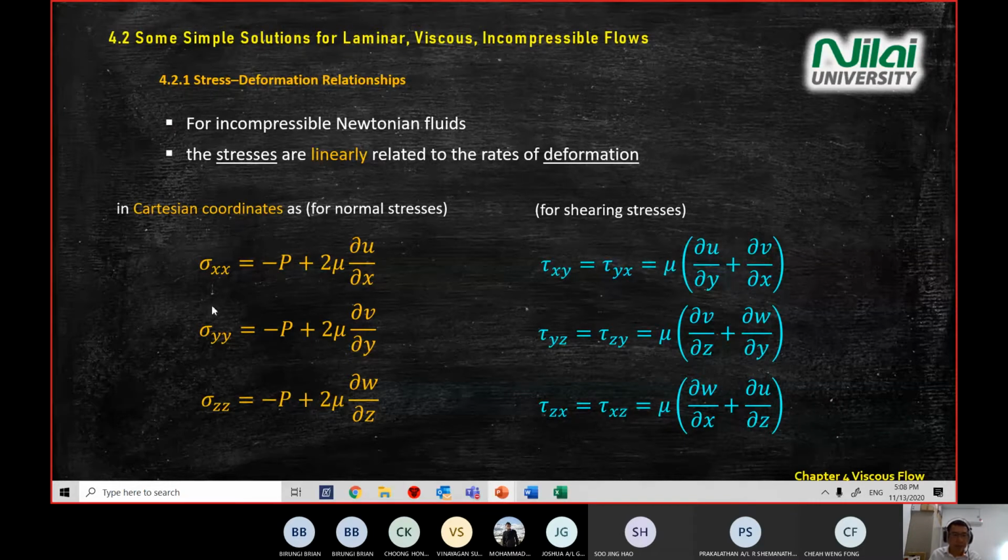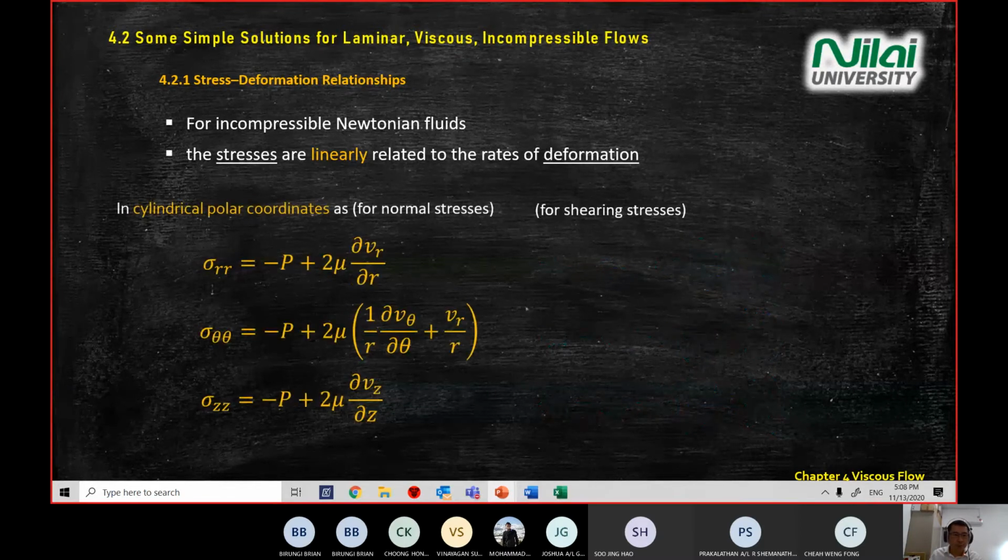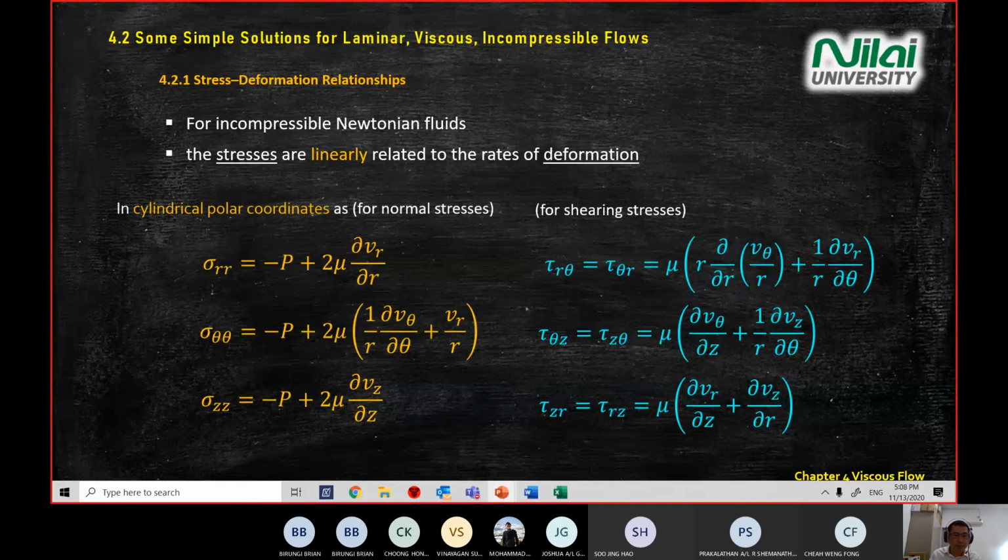Okay, and the top two sets of equations are for the Cartesian coordinate setting, because you see x, y component and z component, so you have Cartesian coordinates. While the bottom two sets, you see r, theta and z.